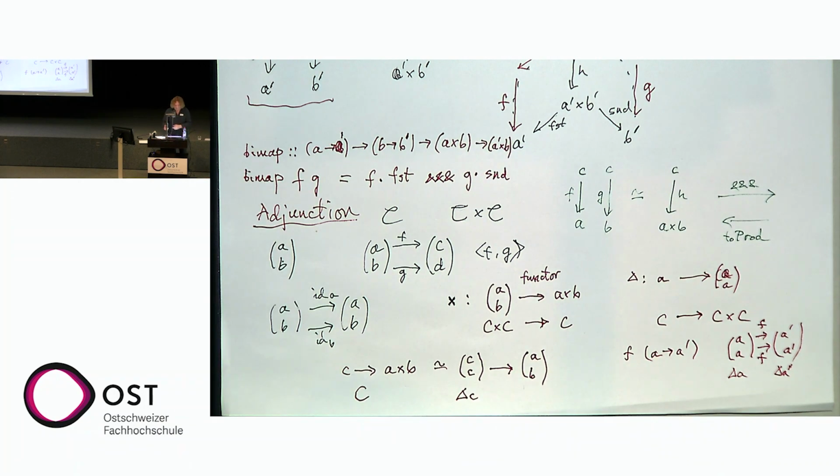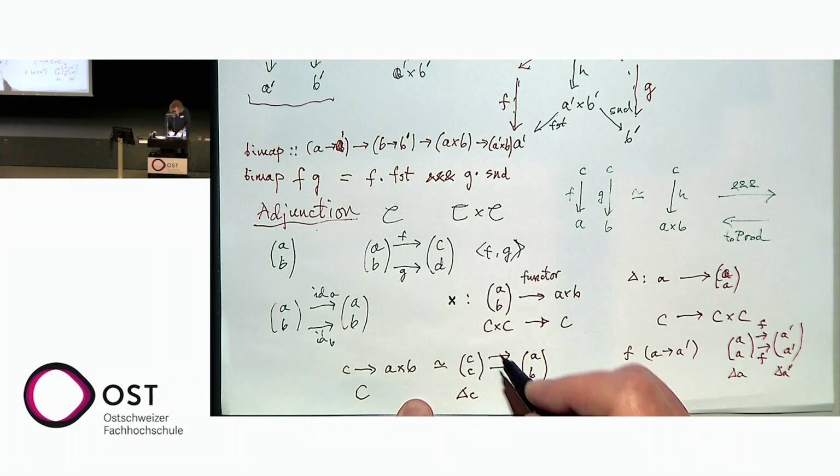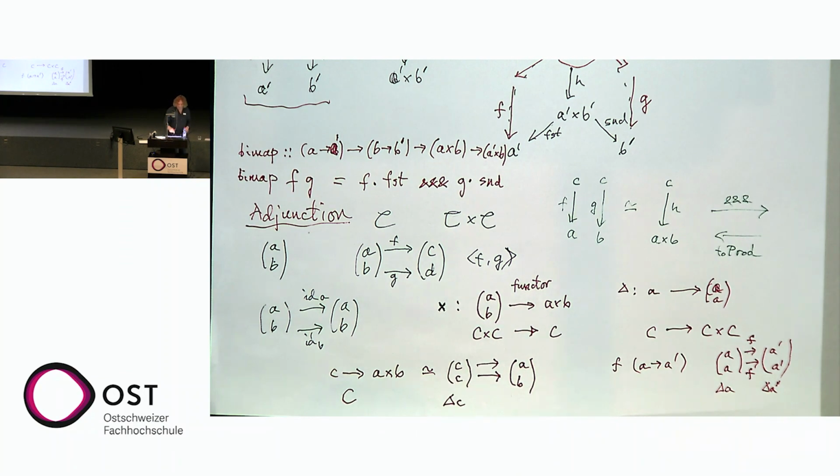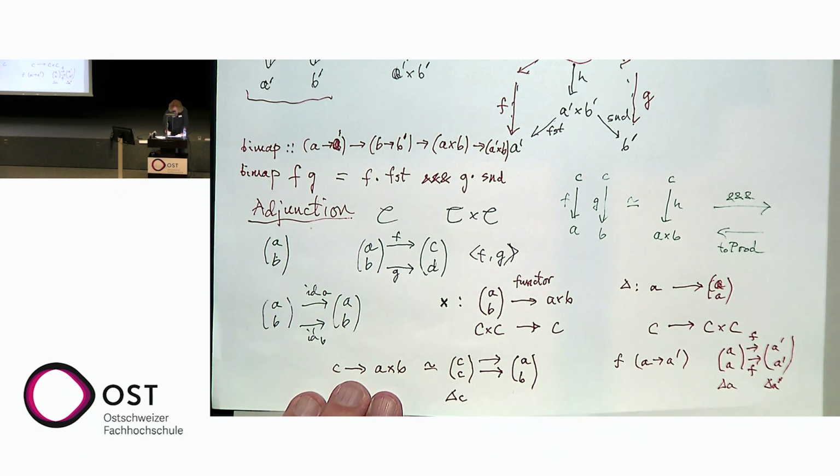They are in one-to-one correspondence between arrows in C cross C that go from delta C, which is just duplicated C, into AB. And in category theory, we write this in this very abstract notation.